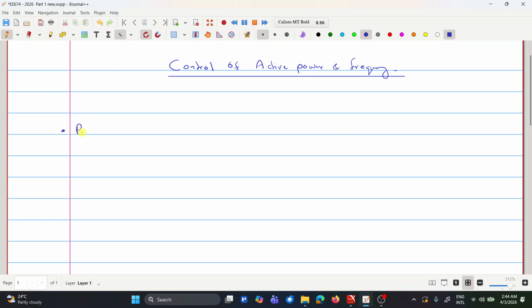So the power system frequency is a good reflection of the demand variation in a power system.